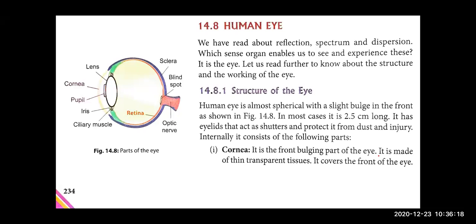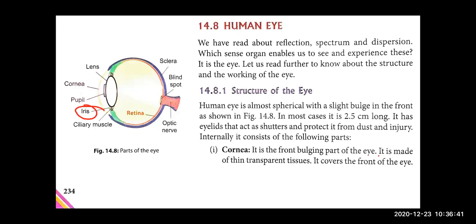Pupil is a tiny hole in iris through which the light is going to enter the eye. But who will control the pupil? As pupil is present in the middle of the iris, it is iris's work to control the size of the pupil. So what will iris do?